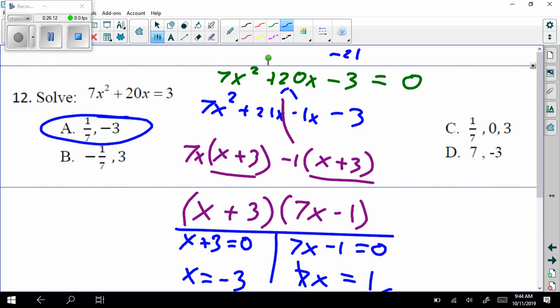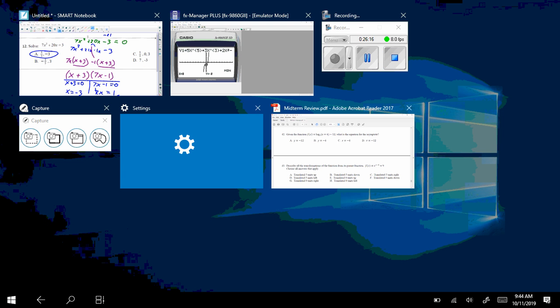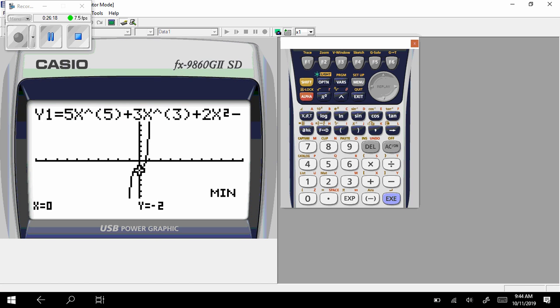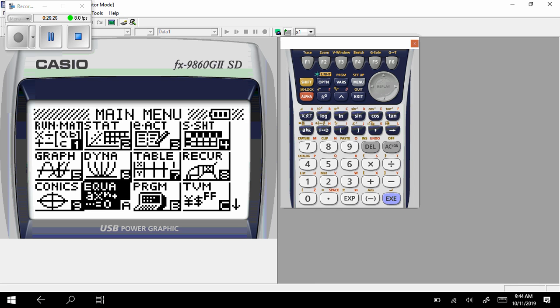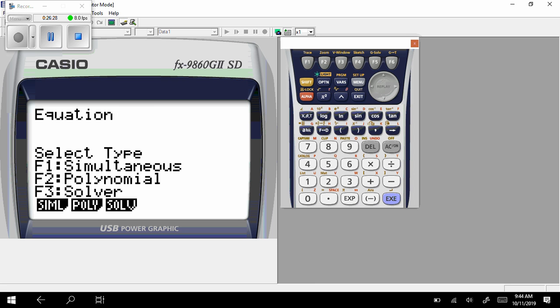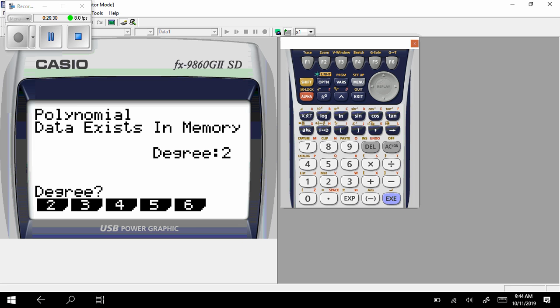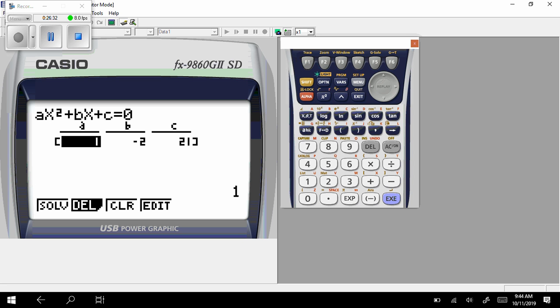If this is a calculator question, we could have typed this into our calculator and let the calculator do all the work. So we go to equation, polynomial solver. It's a degree 2. And we type in those coefficients we had.